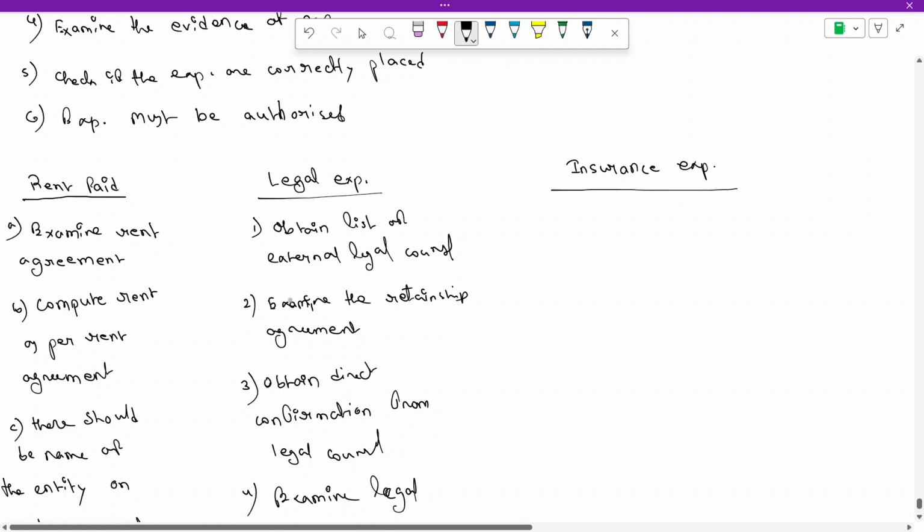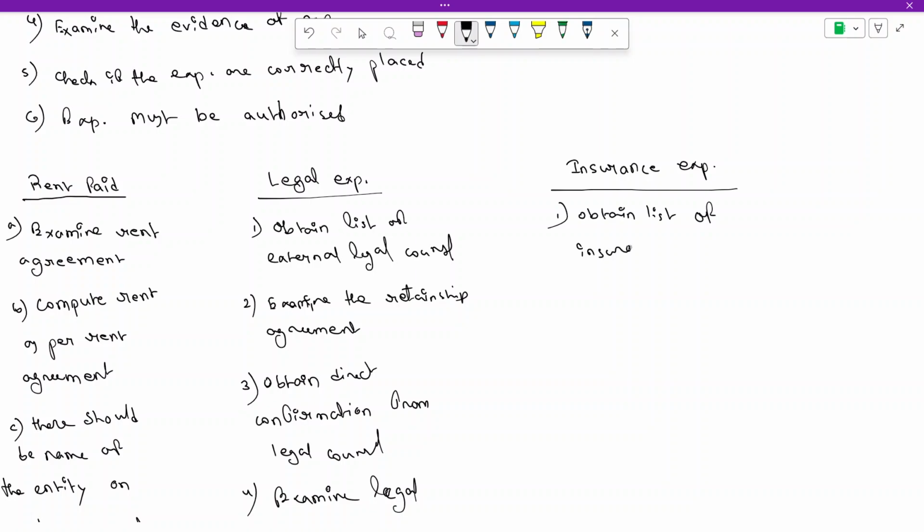And for insurance expenses, obtain a list of insurance policies.